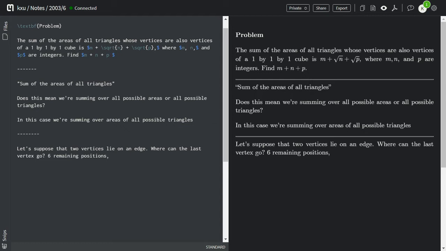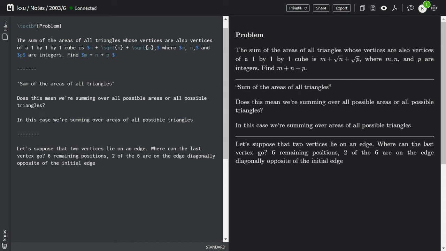Two of the 6 are on the edge diagonally opposite of the initial edge, because if we have an edge in the cube, then there's a diagonal edge, basically the edge obtained by reflecting the edge over the center of the cube.